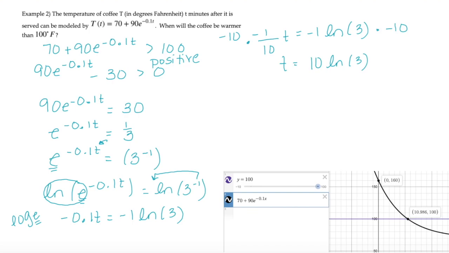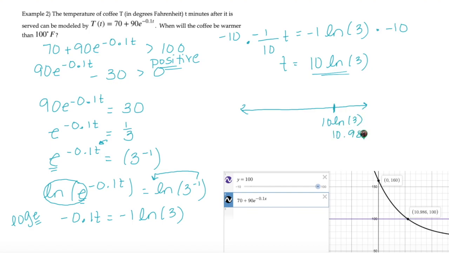We want to know where it's positive. So I've already solved for t itself. If I were to put this into a calculator, 10 times the natural log of 3 is about 10.986.